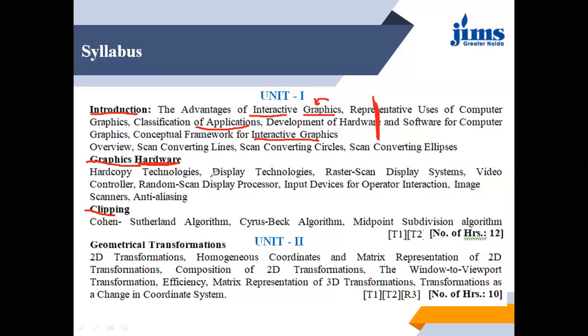So we will study the display techniques, that is raster scan and random scan. These two are very important. There is always a question from this: what do you mean by raster scan, or what do you mean by random scan, or write down the difference between raster scan and random scan.